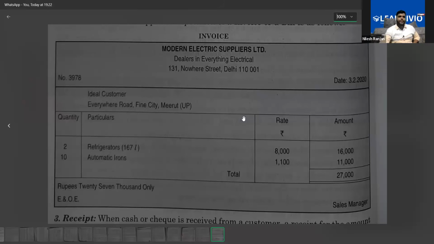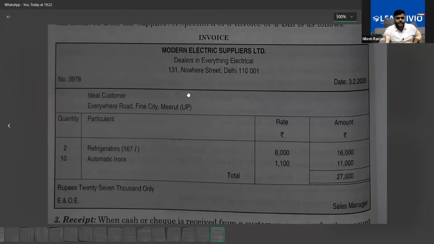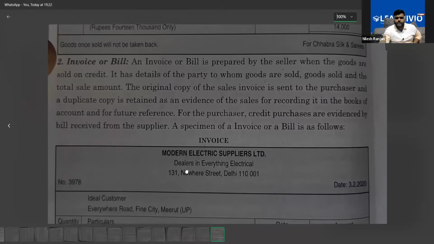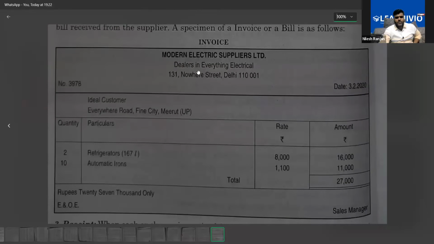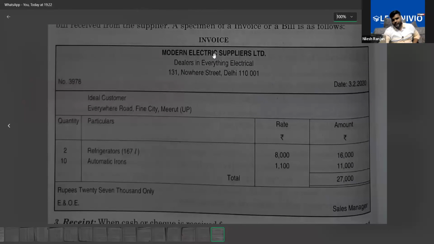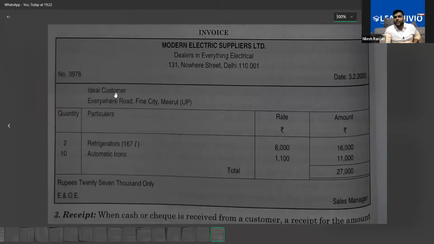So this is the company name who is issuing the invoice, Modern Electrical Suppliers Limited, and to whom it is issued, Ideal Customer, Everywhere Road, Fine City, Meerut. So this is the customer name. The heading, the main company name, is the company who is selling the goods, and the customer is the buyer.